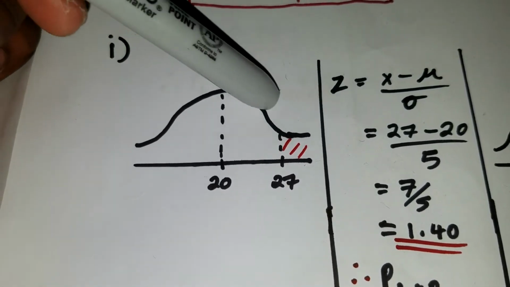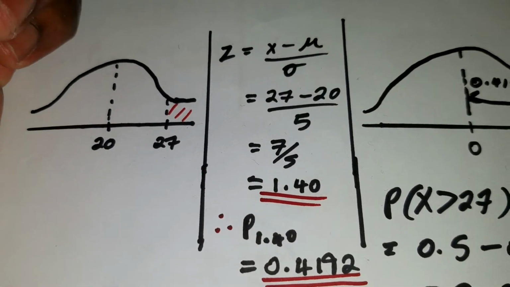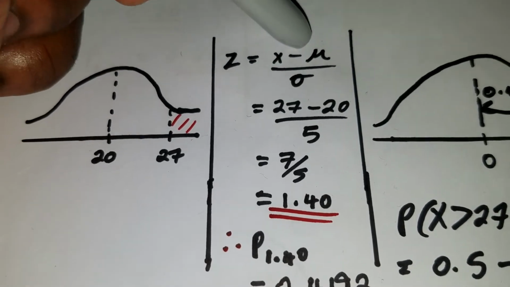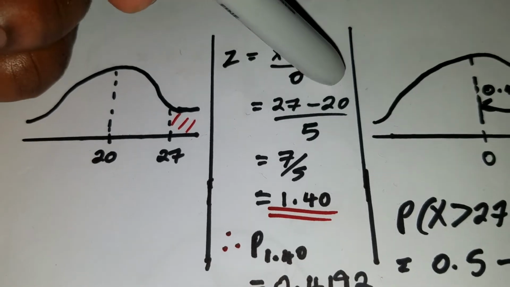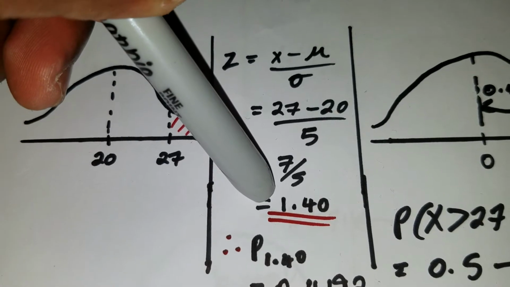Now we're going to standardize this normal curve by calculating the z-score and finding the probability. The z-score is the observation minus the mean divided by the standard deviation, so we have 27 minus 20 divided by 5, which gives us 1.40.